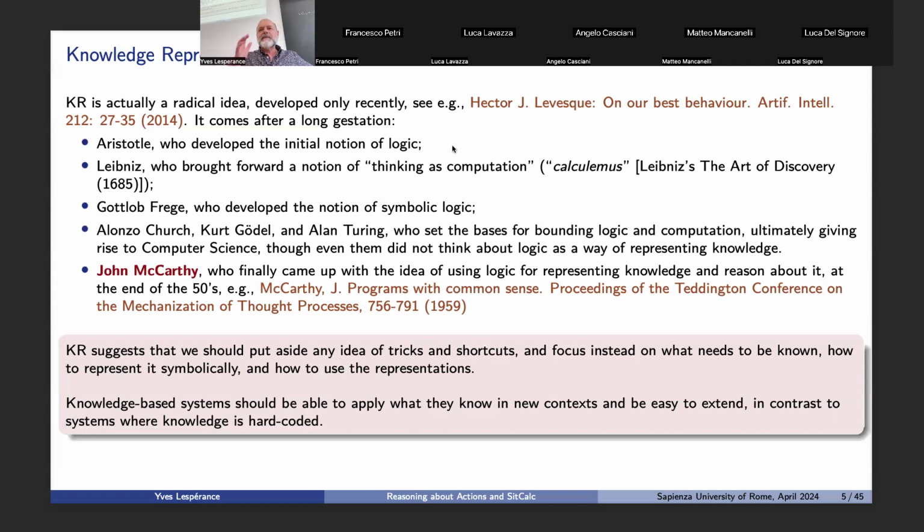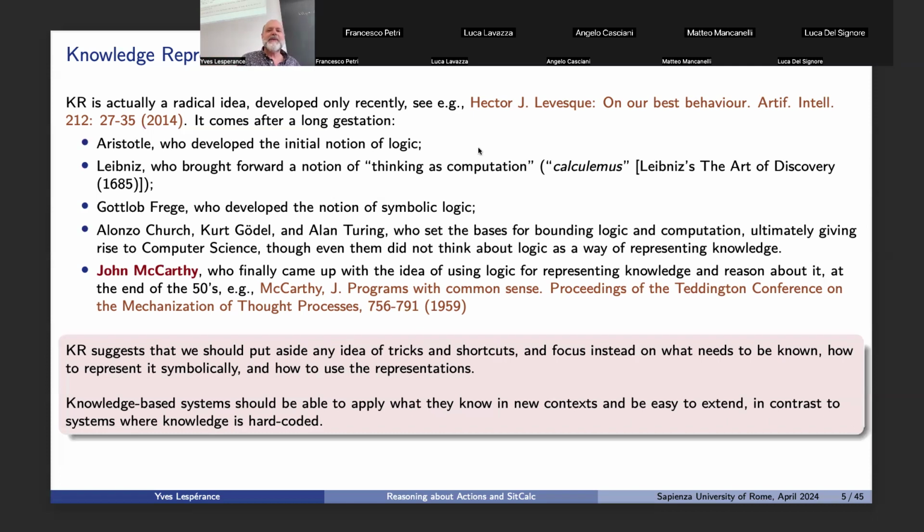As I said, it's based heavily on reasoning and representing things in a formal way, in a logic. Aristotle was the first to propose a notion of logic, using rules of reasoning and that kind of thing.